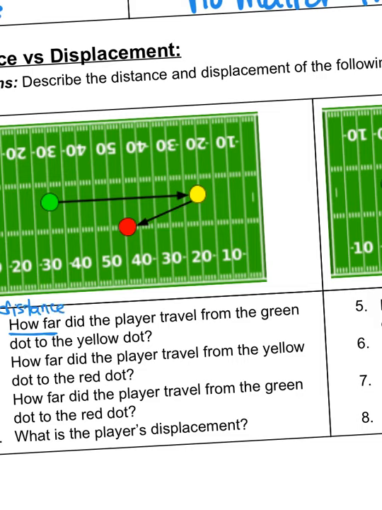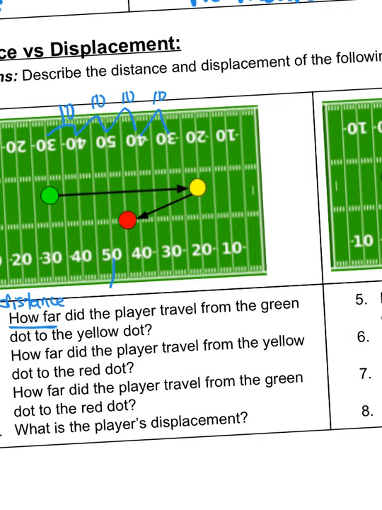Now, this is a football field, so every big number is 10 yards, right? If we look here, that's 10 yards, that's 10 yards, that's 10 yards. But what if we go, say, from 50 to this one? How many yards is that? It's 5, because we're going halfway.